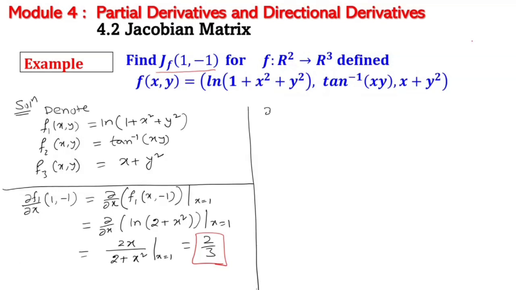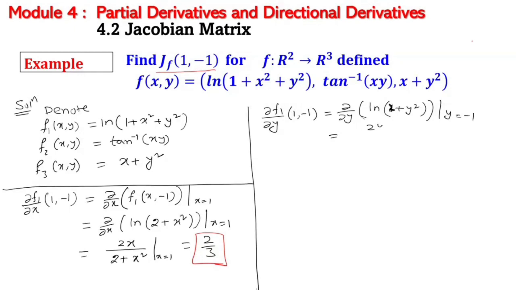So next we'll continue in the same way. So del f1 over del y at the point (1, -1). So this is equal to del y of ln, where x is equal 1, we will put it, so ln(1 + 1 + y square), that is ln(2 + y square), at the point y equal minus 1.